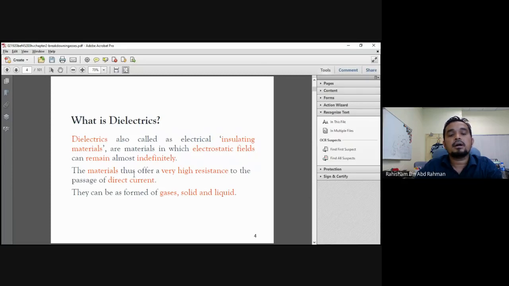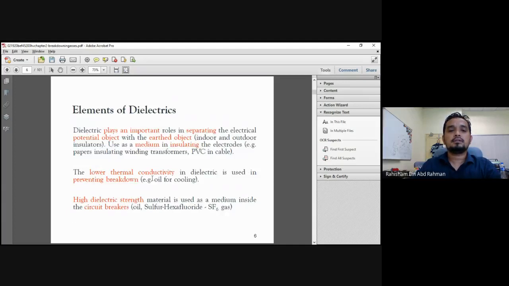Basically, it is essential to provide protection to the power system equipment, and to provide mechanical support, for example when the dielectric material is used as a suspension insulator, which we hang on the transmission tower, and to provide very high resistance to the current flow.